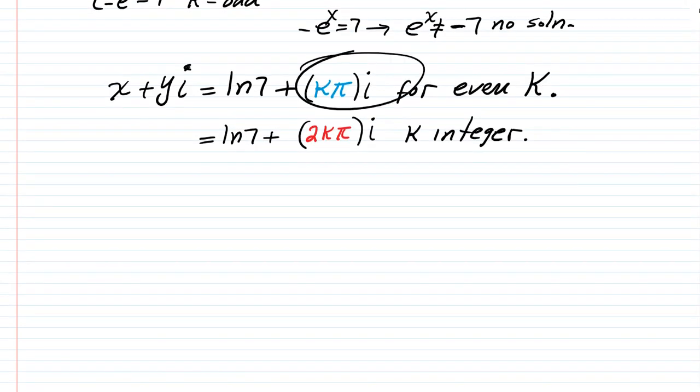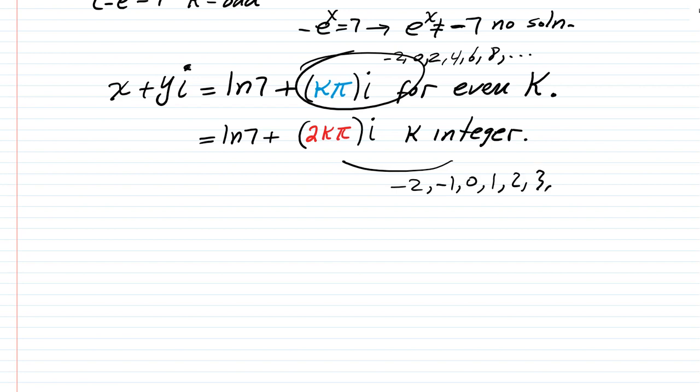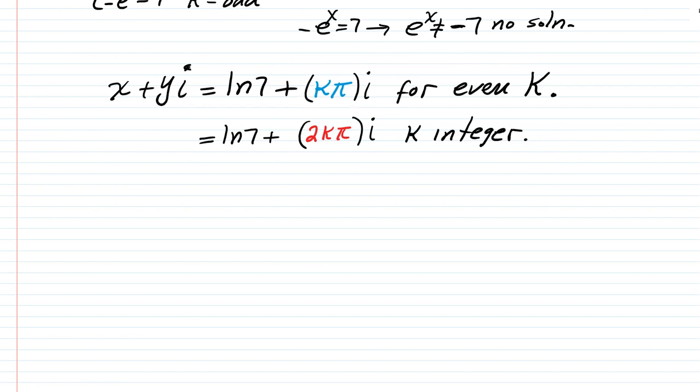Up here, you're only allowed to choose 2, 4, 6, 8, and so on. Well, and their negatives, of course. And in here, you choose -2, -1, 0, 1, 2, 3. Try these numbers. You'll see that you get exactly the same outcome on both sides. Therefore, there you go. We have the solution. The solution is right in here.